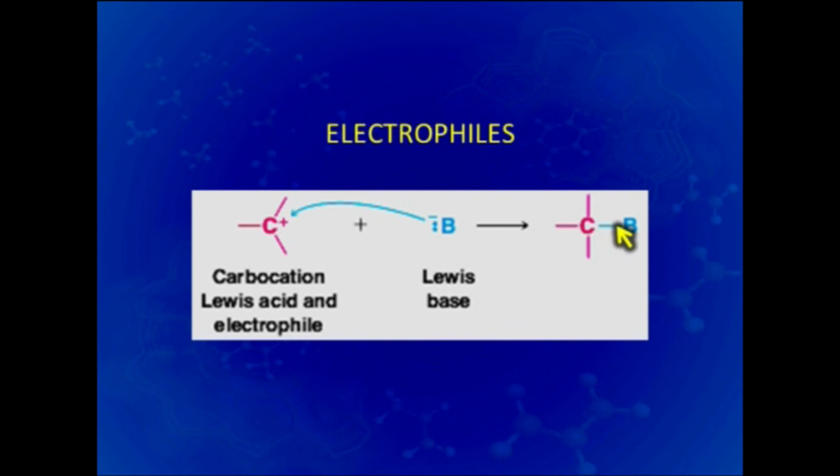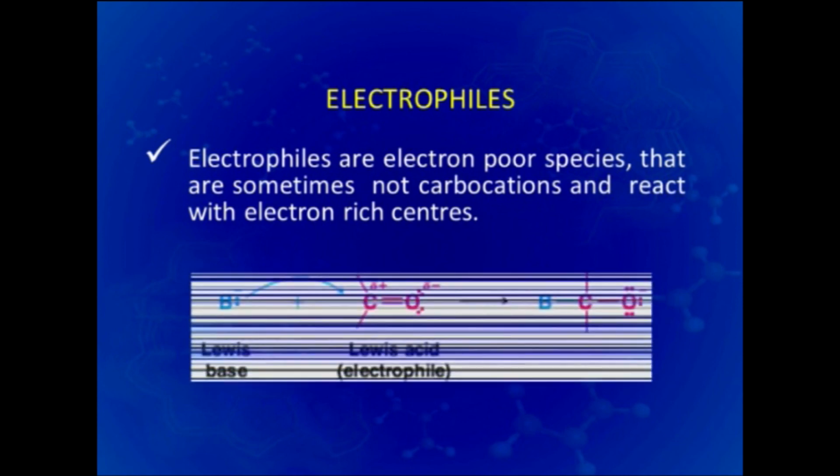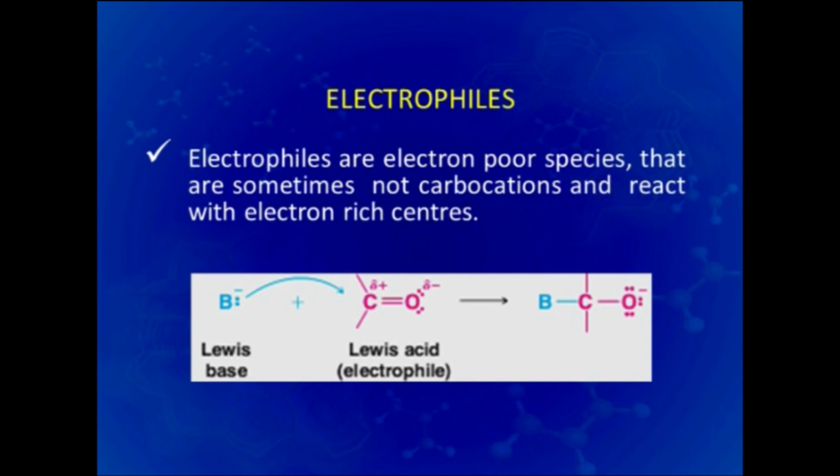So, the electrophiles are electron poor species that are sometimes not carbocations and react with electron rich centers. Such electrophiles, as in the example we saw in the case of nucleophiles, are carbonyl compounds. We have a positive center here which acts as an electrophile, electron deficient, and is being attacked by a Lewis base, and during the course of this reaction forms a bond and the product.